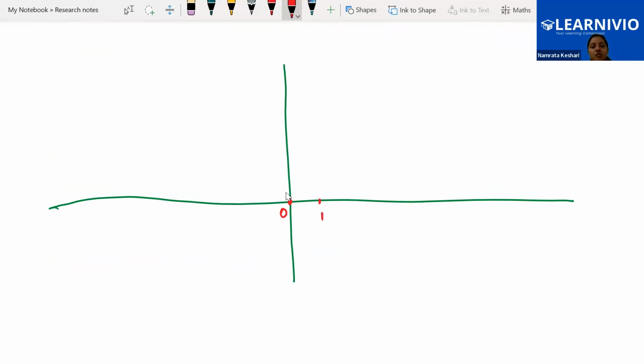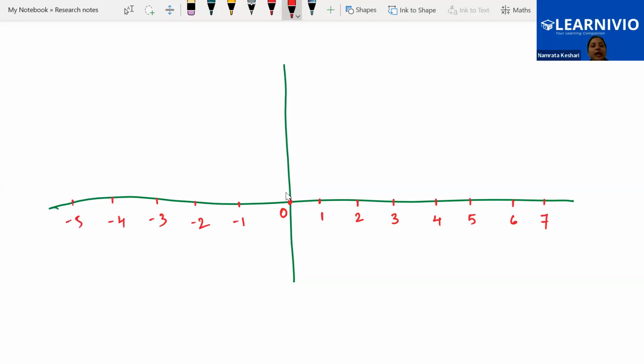Here on the horizontal line we have +1, +2, +3, +4, +5, +6, +7, and on the other side -1, -2, -3, -4, -5.